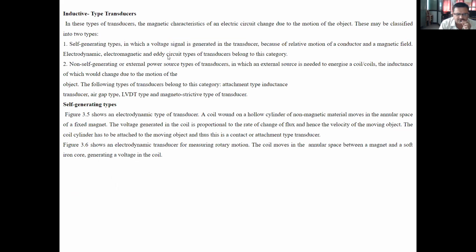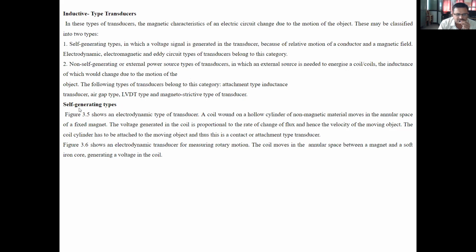Electrodynamic, electromagnetic, and eddy current types of transducers belong to this category. Second, non-self-generating or external power source types of transducers in which an external source is needed to energize a coil or coils, the inductance of which would change due to the motion of the object. The following types of transducers belong to this category: attachment type inductance transducer, air gap type, LVDT type, and magnetostrictive type transducer.